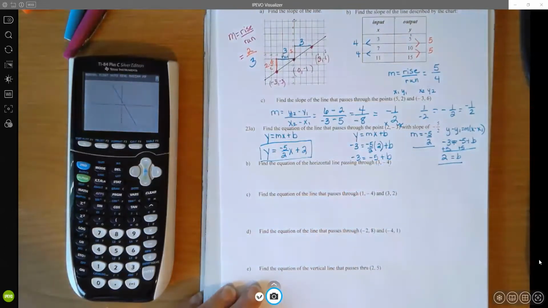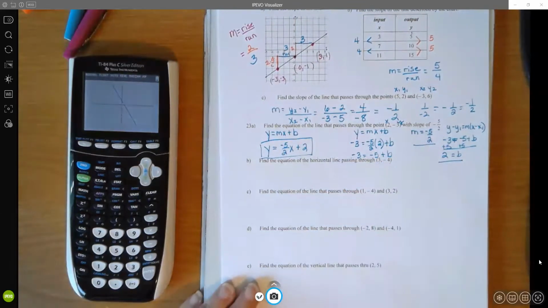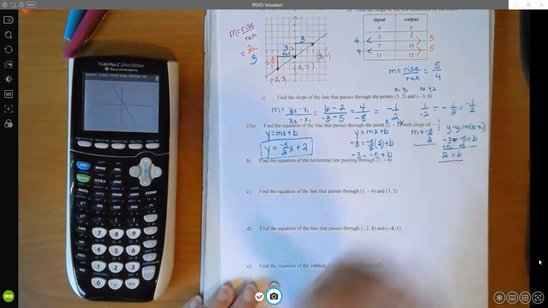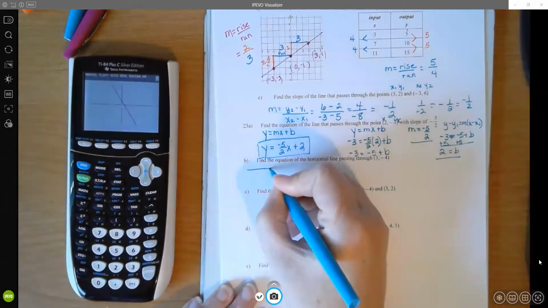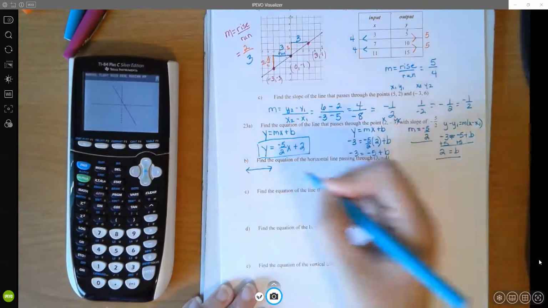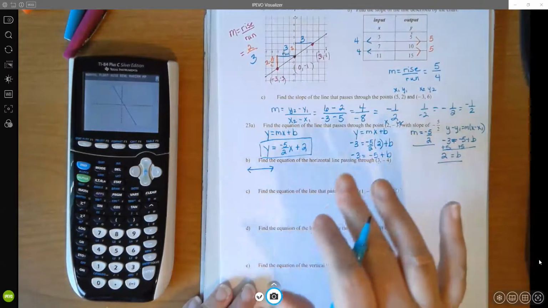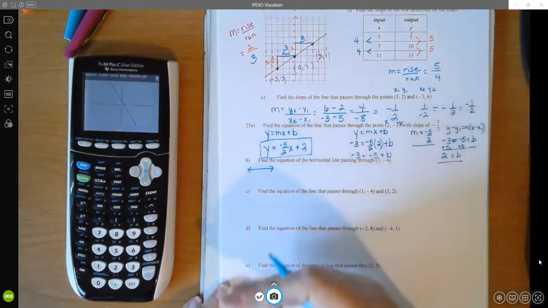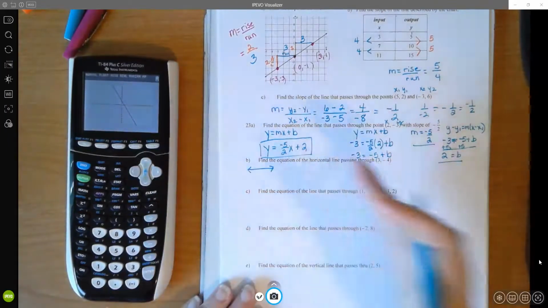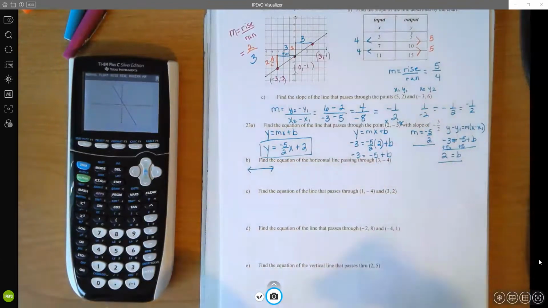Well, this may look like it doesn't have enough information. But a horizontal line, remember, will look like this, and all horizontal lines have the exact same y value. The y value doesn't change. The x values vary from left to right, but that y value is constant.